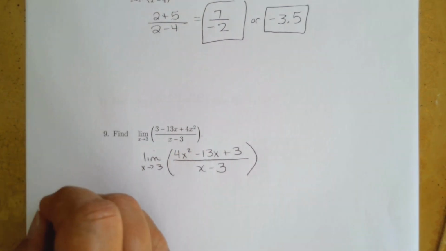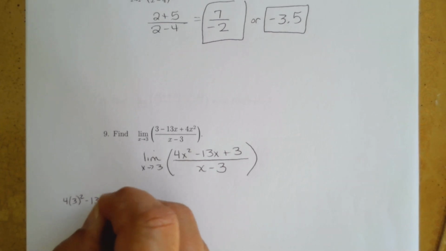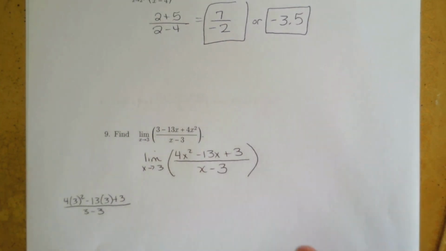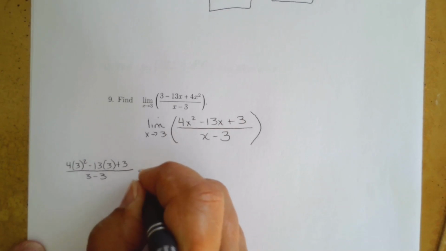Okay, so we're going to plug in 3. So 4 times 3 squared minus 13 times 3 plus 3 in the top, and in the bottom 3 minus 3. All right, so I see that I'm getting 0 in the bottom, right? So I just need to know what's happening in the top.